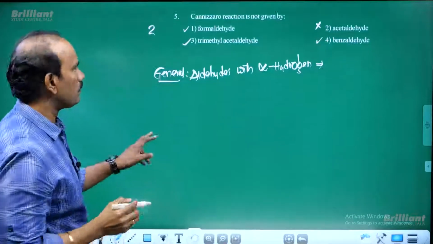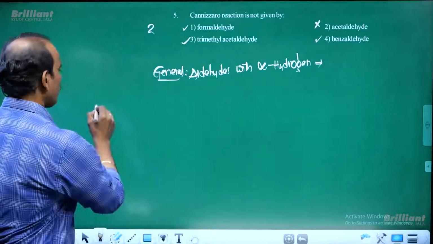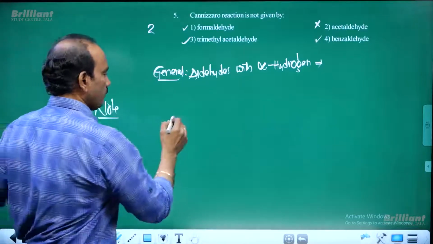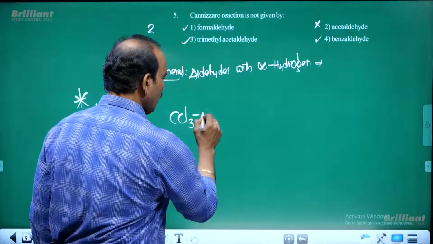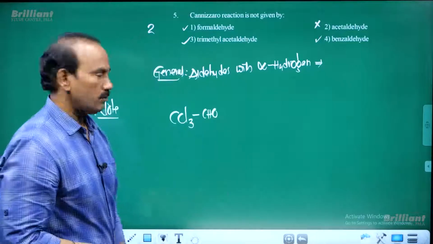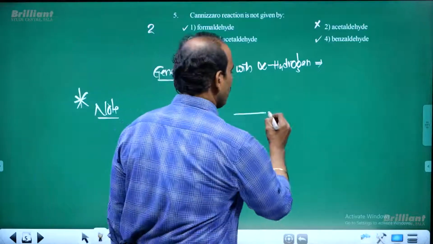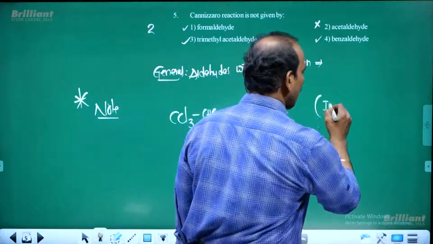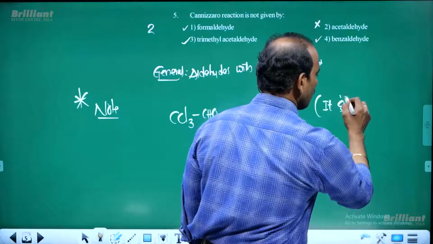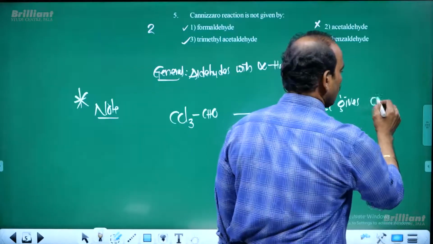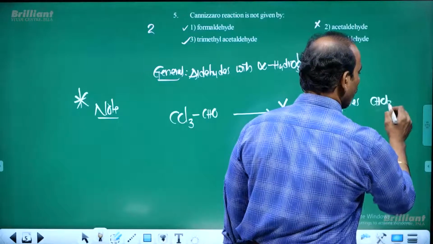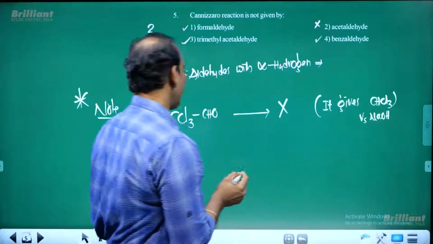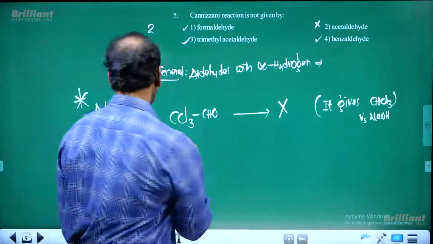Here, CCl3CHO is an aldehyde without alpha hydrogen, but it does not give the Cannizzaro reaction because it forms the haloform. It gives CHCl3. Chloroform will be formed with base. That is a negative test.